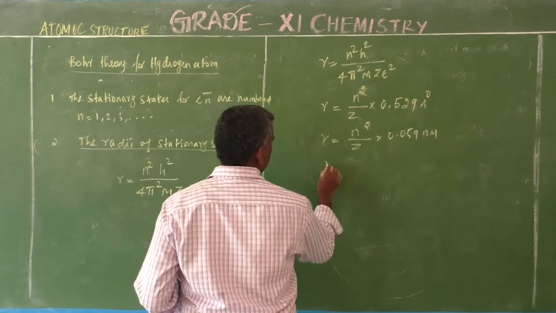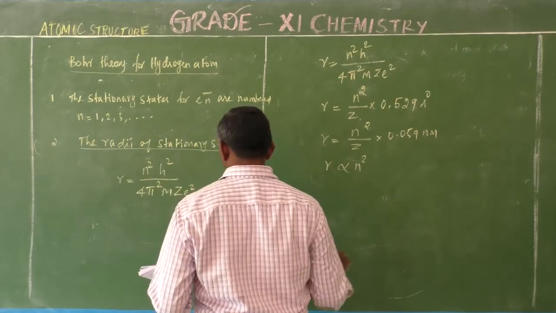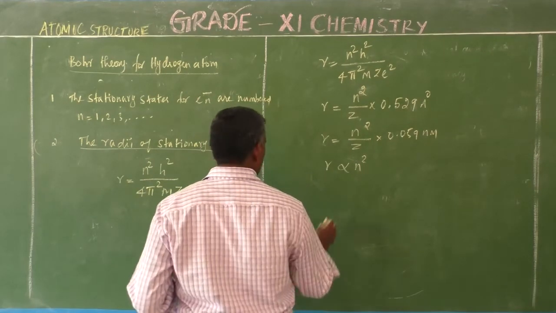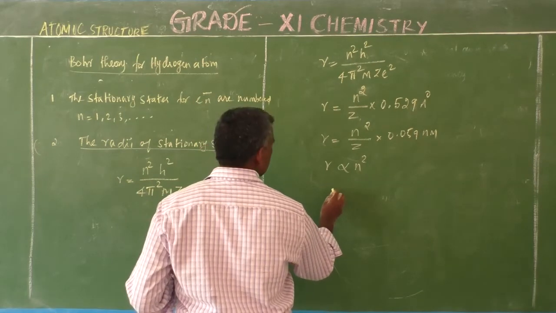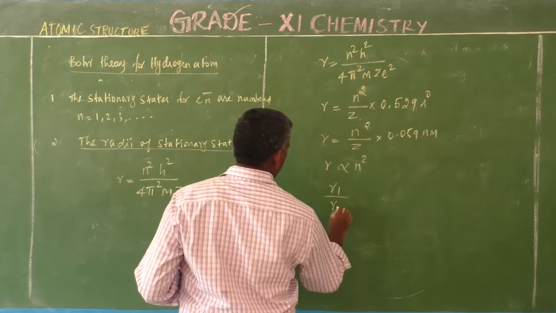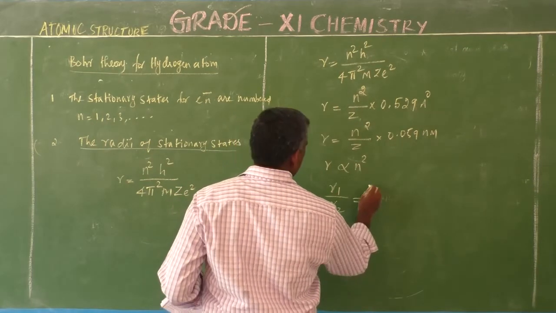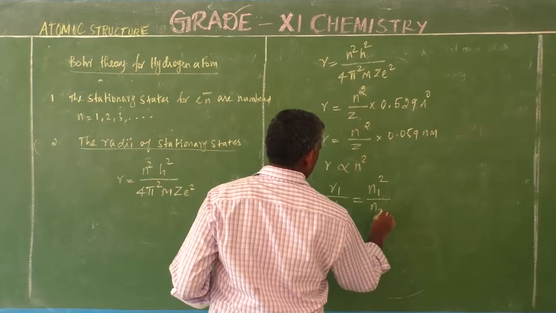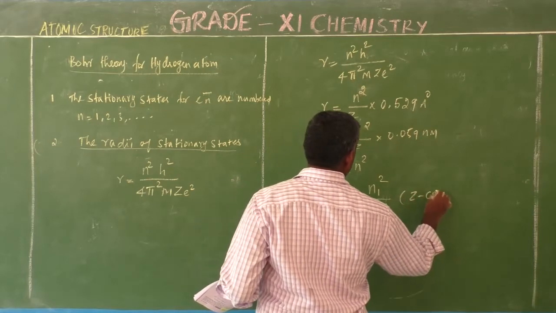R1 by R2 is equal to n1 squared by n2 squared. Here z is a constant.